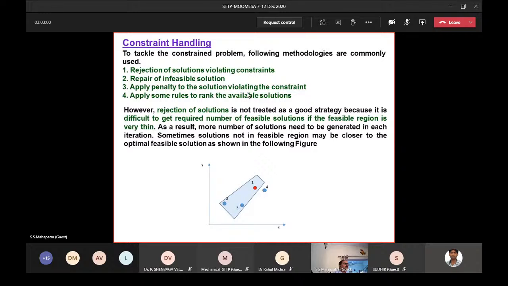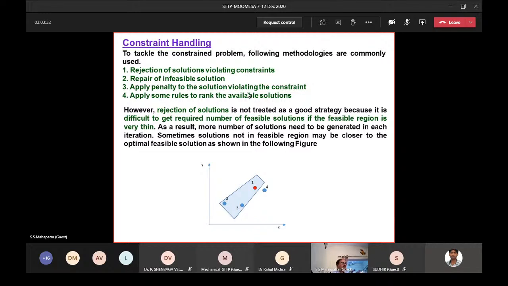in linear programming. We might have come across the Big M method. In the Big M method, when the artificial variable is not equal to 0, you put a very large penalty in the objective function. We put M into R, where M is a very big number and R is an artificial variable.